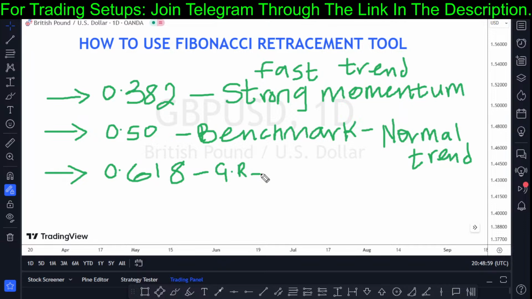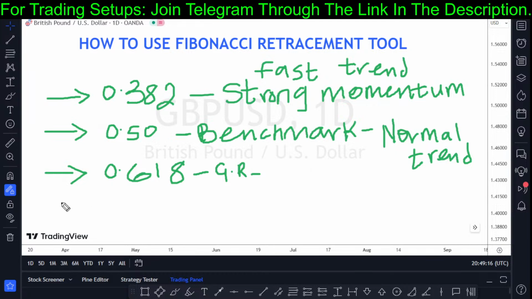That means the market is just flowing freely without any strong momentum. So you use the golden retracement here. This is the golden ratio.